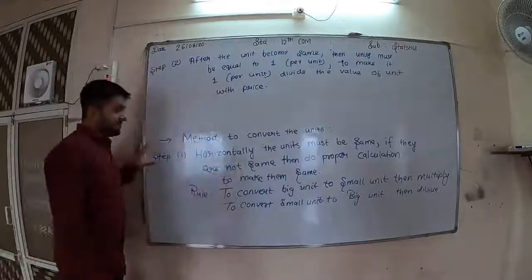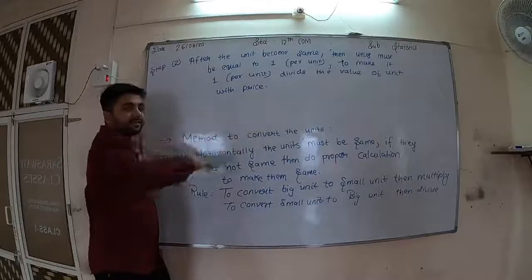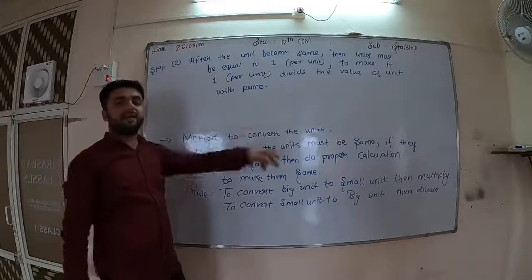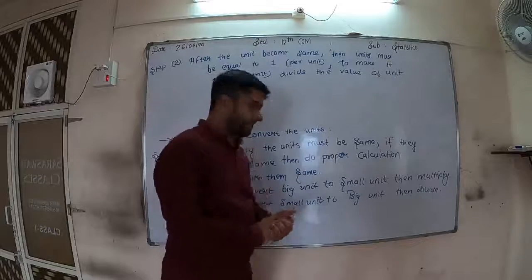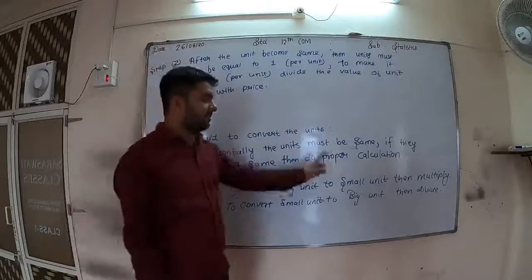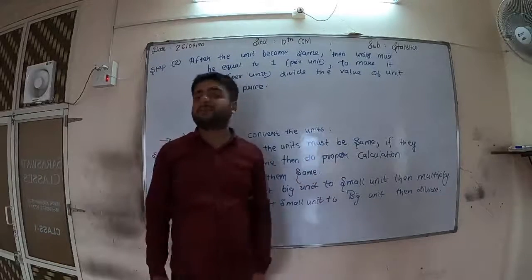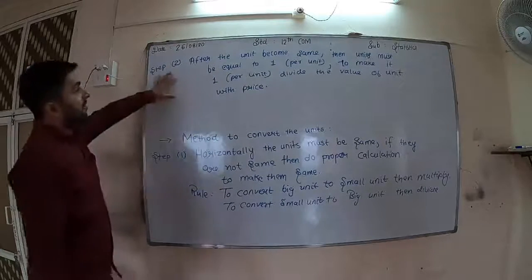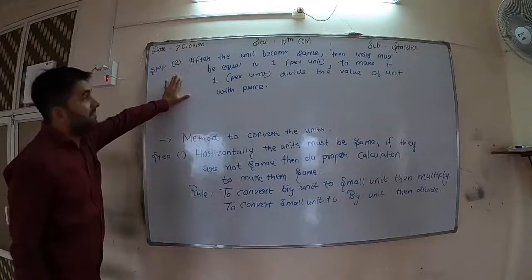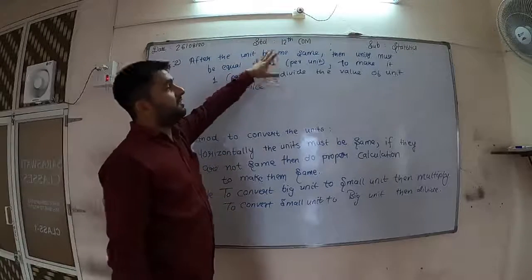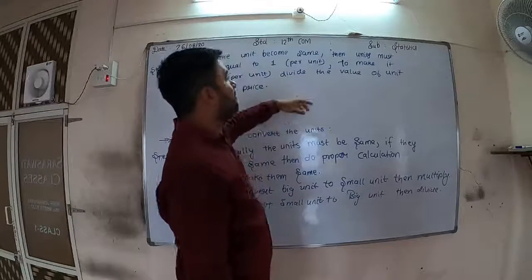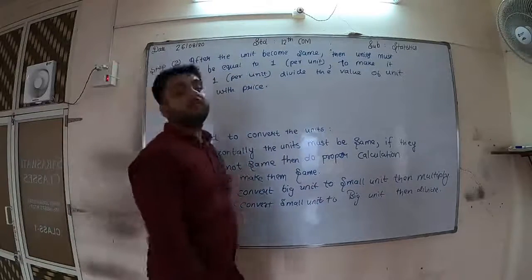What is the first step? Horizontally the units are same. If kg, then there should be kg and kg. If there are grams or other things, then convert it. For that conversion, big to small, then multiply, small to big, then divide. This is step 1. Now the units have become the same. Now what is step 2? Step 2 is after the units become same, the unit must be equal to 1.